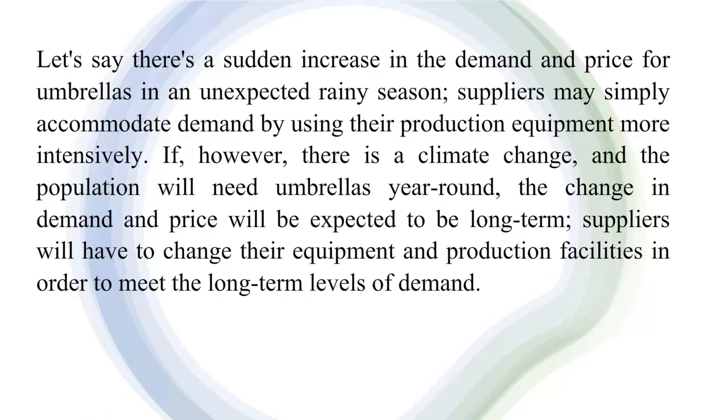Suppliers may simply accommodate demand by using their production equipment more intensively. If, however, there is a climate change, and the population will need umbrellas year-round, the change in demand and price will be expected to be long-term. Suppliers will have to change their equipment and production facilities in order to meet the long-term levels of demand.